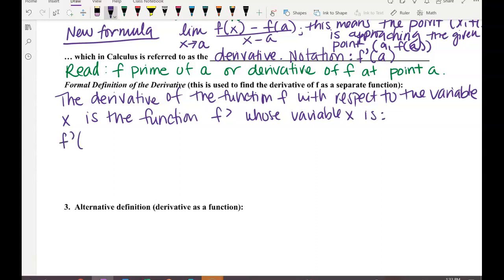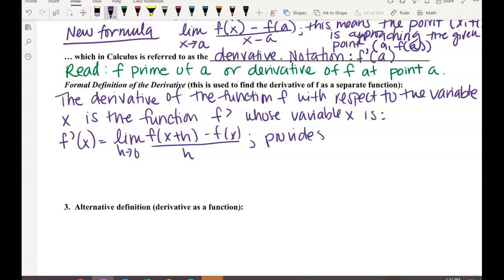F prime of x equals the limit as h approaches 0 of f of x plus h minus f of x all over h. We have seen that before, would you agree? Provided that the limit exists.